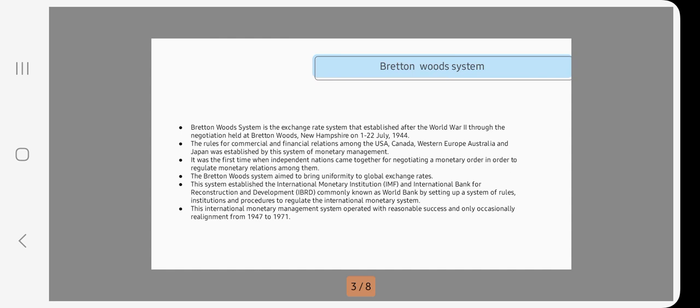This system established the International Monetary Fund, also known as IMF, and the International Bank for Reconstruction and Development, IBRD, commonly known as World Bank, by setting up a system of rules, institutions, and procedures to regulate the international monetary system. This international monetary management system operated with reasonable success and only occasionally some realignment.